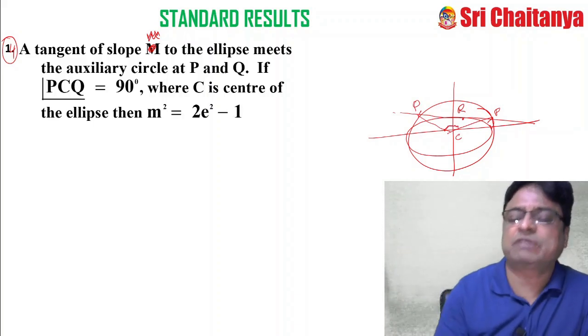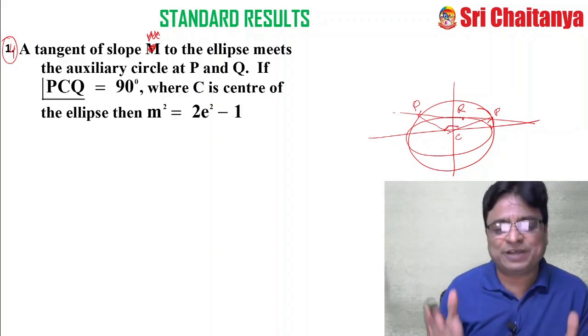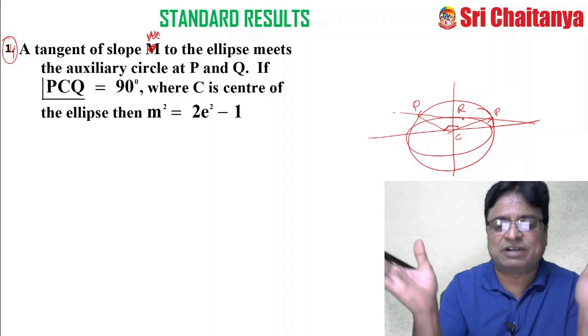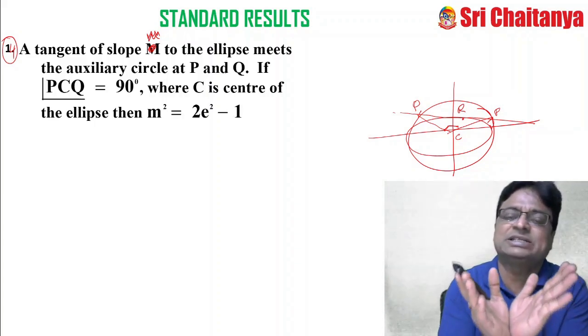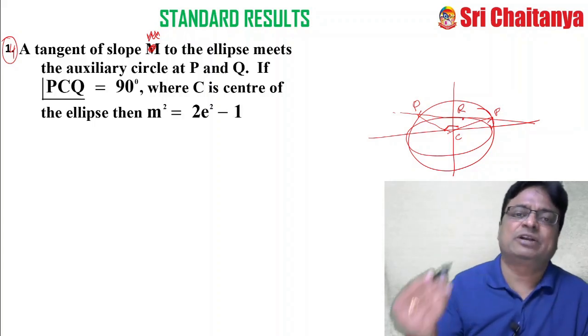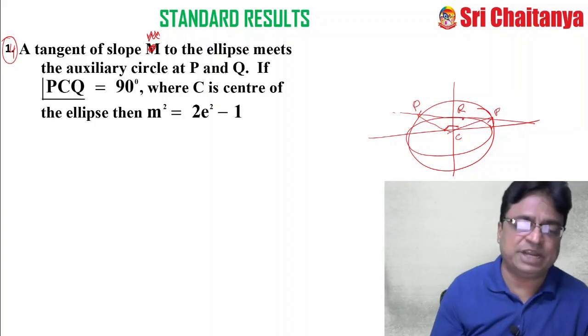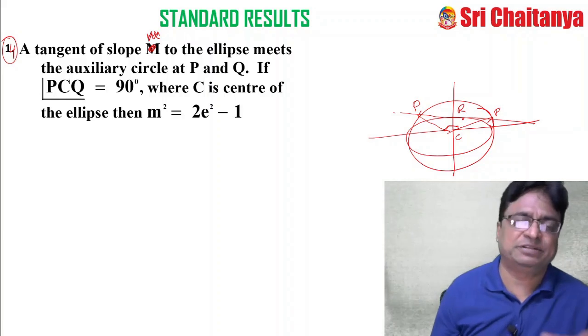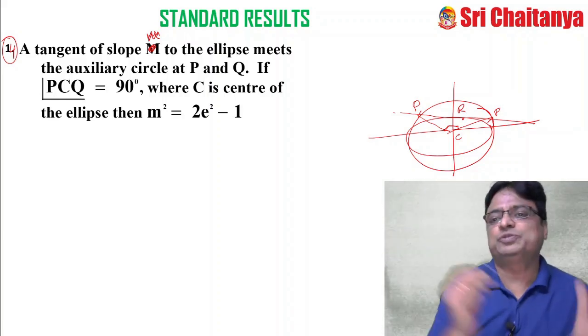This is the beauty in the question. Whenever a line intersects the curve and makes an angle of 90 degrees at the center, where the center is the origin, that is a favorite question and concept of JEE Advanced and all competitive examinations. So this is the most useful one.